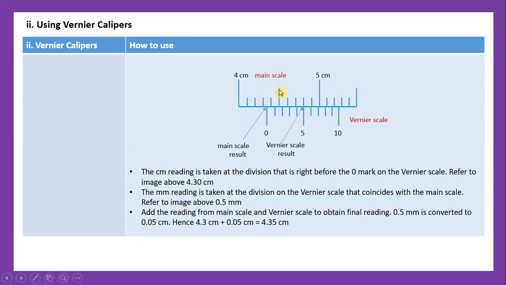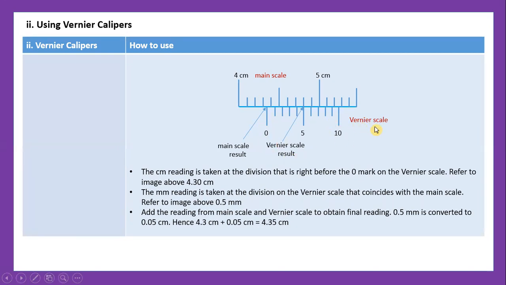In this case, the main scale is in centimeters, so you have to convert the vernier scale into centimeters as well. The mm reading is taken at the division on the vernier scale that coincides with the main scale. So at this point, you read the main scale as 4.3 centimeters.